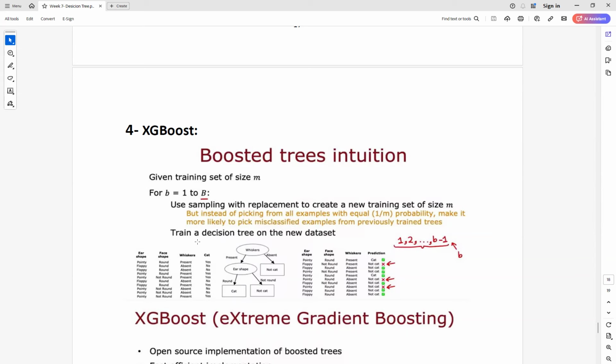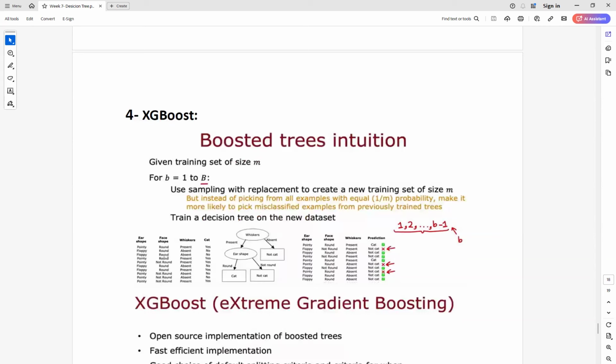So it means that, for example, you use sampling with replacement from 10 animals, and you created this data table. And then you trained your decision tree on this data table and get a result.